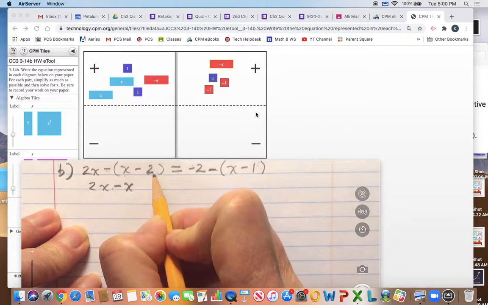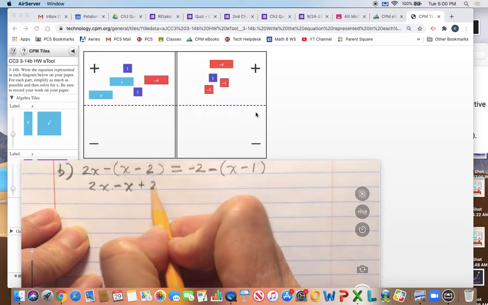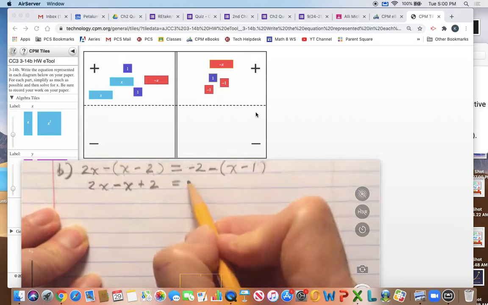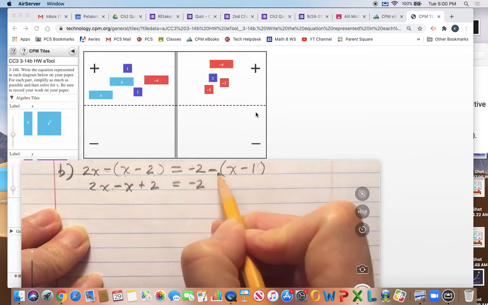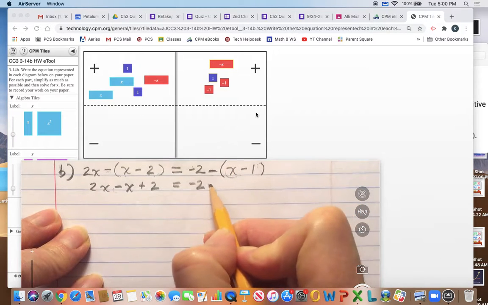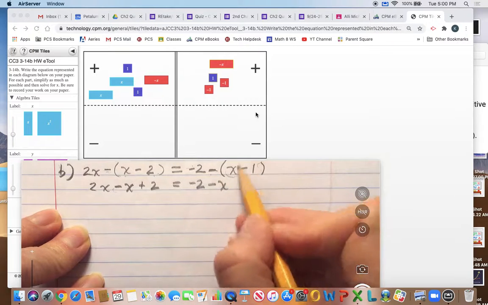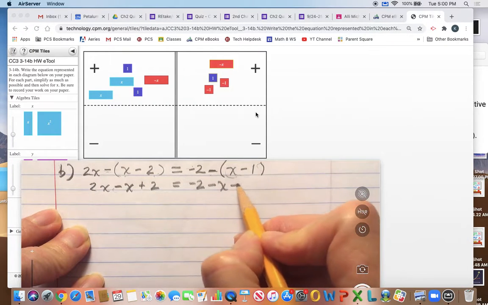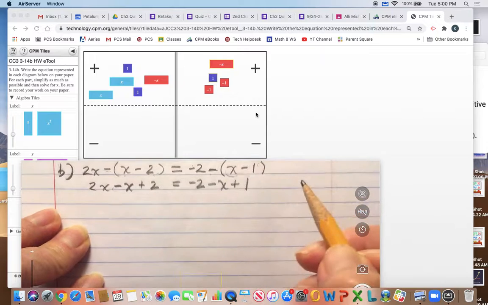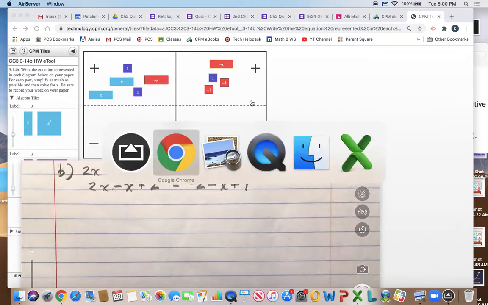And this -2 inside the parentheses becomes a +2. All right, and then we'll write -2 here. And now we're going to flip this positive x to being a -x. And because of this negative sign, the -1 turns into a +1. Okay, so we flipped. Now we'll look and see what else we can do.